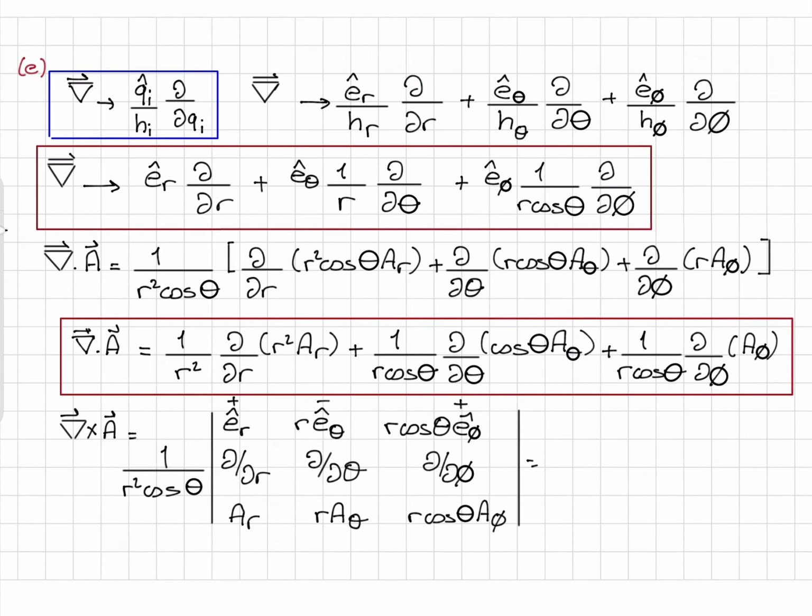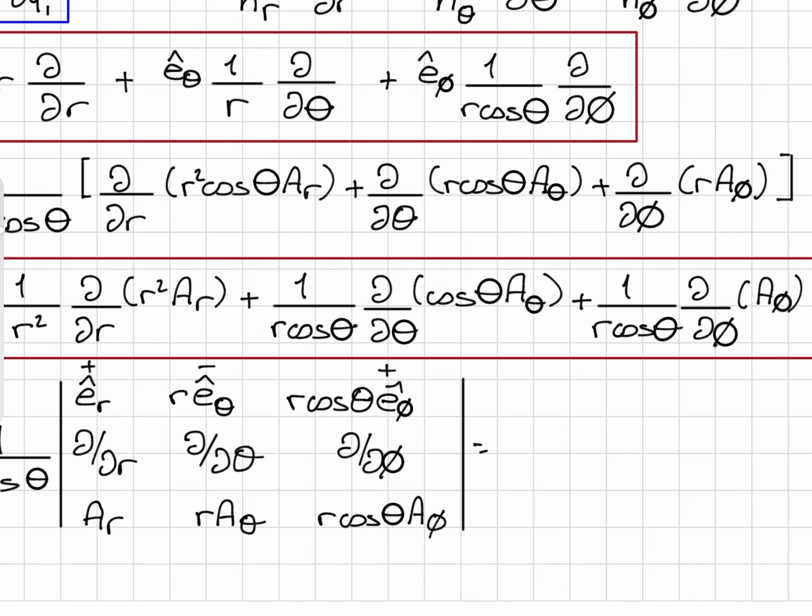Now for the first term in e_r hat, I have to cross out the first row and first column: del theta of r cosine theta A phi minus del phi of r A theta.